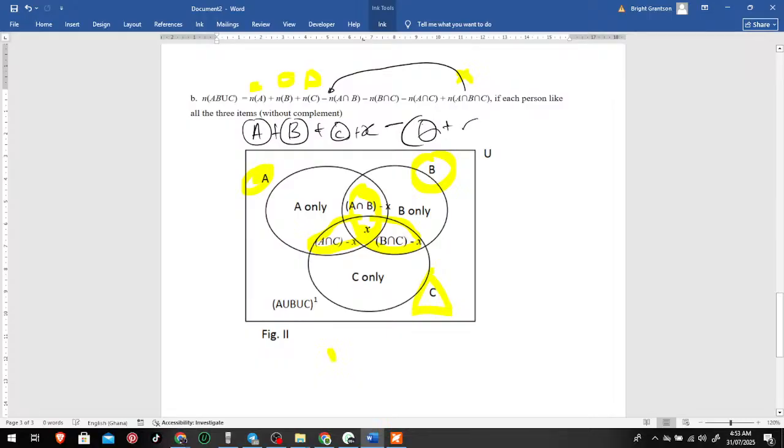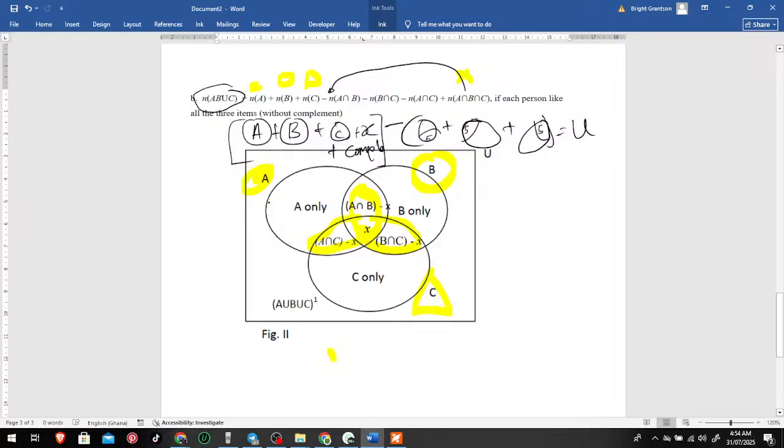The B intersection C will be something like this. And A intersection C will be something like this part. Where here becomes all the 3 regions, equals the universal set, which is here. If there's a complement, add it to this set.